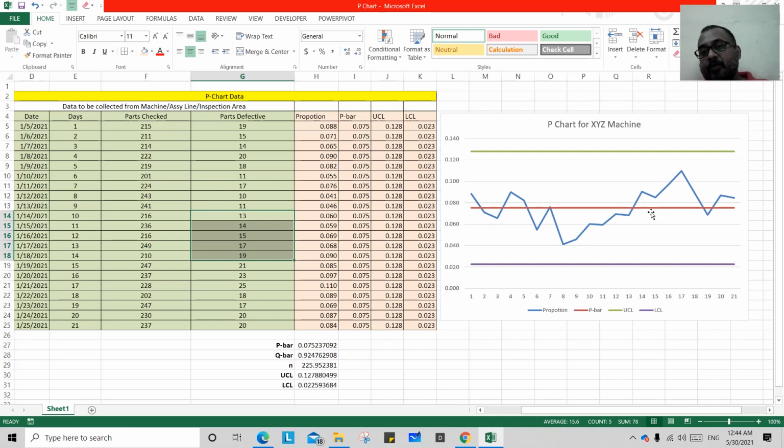In my other video, you can study the binomial process capability study for attribute type machines, which may help you in calculating the capability of this type of machines.